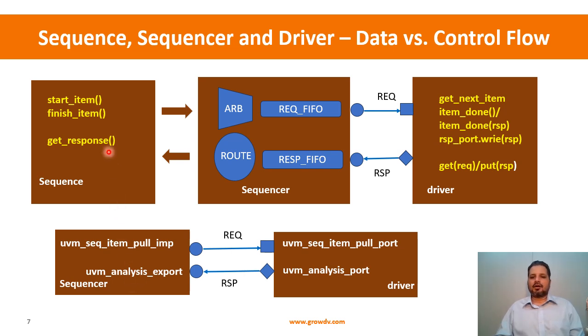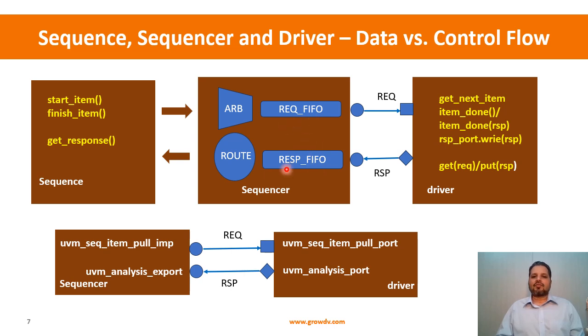There are different ways to send the response, and one of the ways is that you can send it via this response port, and then that can be extracted from the sequence. We will look at it now. Overall, when we put all of this together, we know that the driver and the sequencer are connected through these two TLM ports. Additionally, within the sequencer you have two FIFOs.